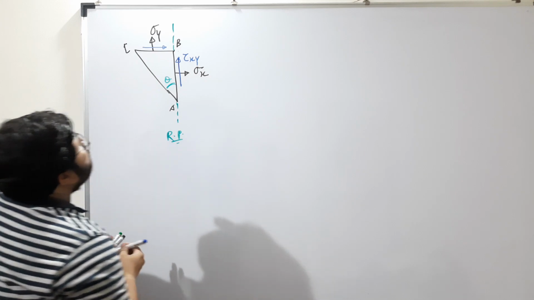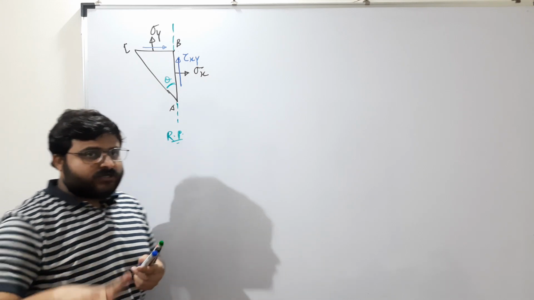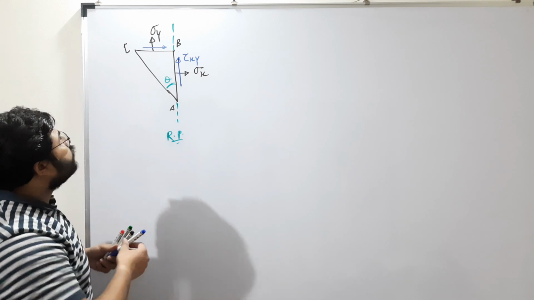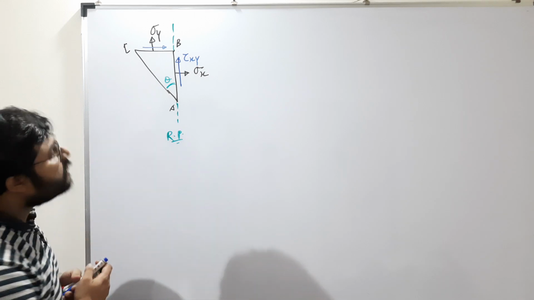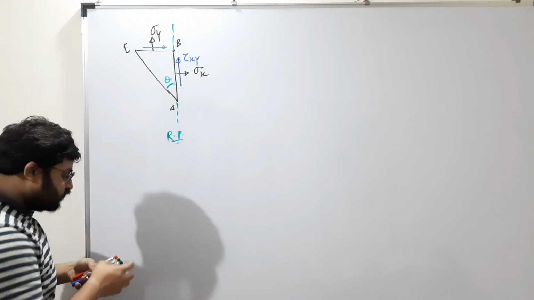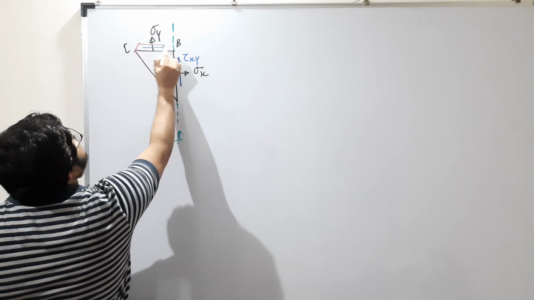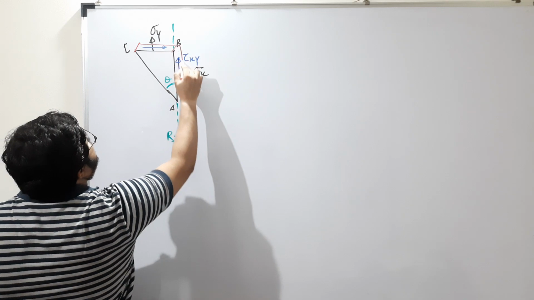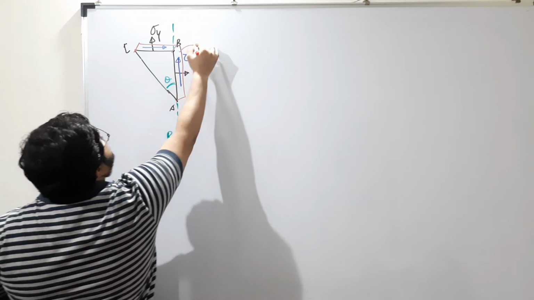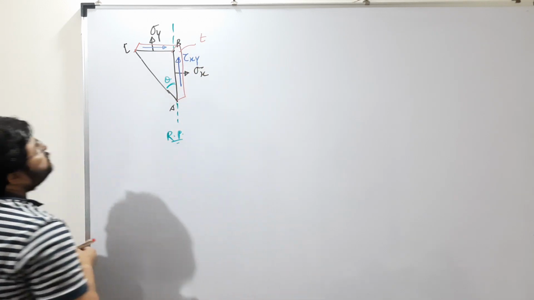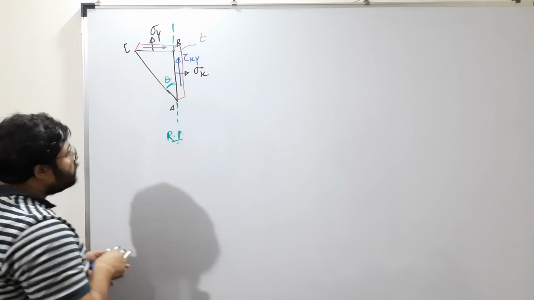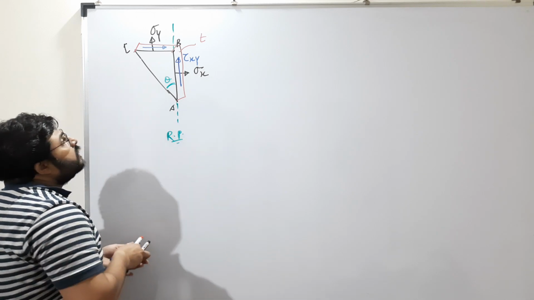Now for this we need to use force equilibrium. So how can we convert stress to force? For force we need to multiply by area. Now let us take the thickness into consideration. Let us take the thickness as T. Now we need to mention the force.